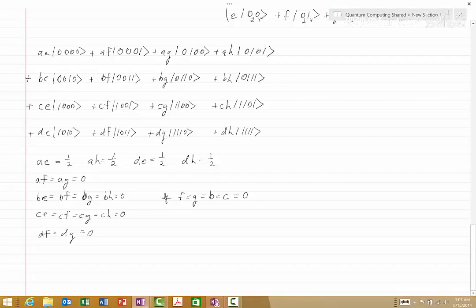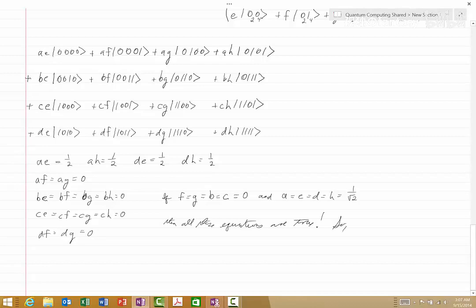So if we choose F equals G equals B equals C equals 0, and A equals E equals D equals H equals 1 over square root of 2, then all these equations are true.